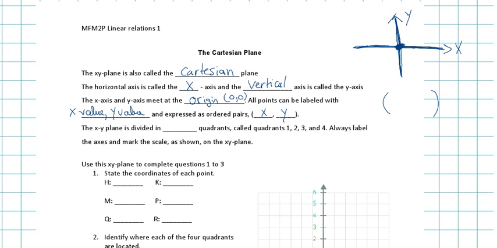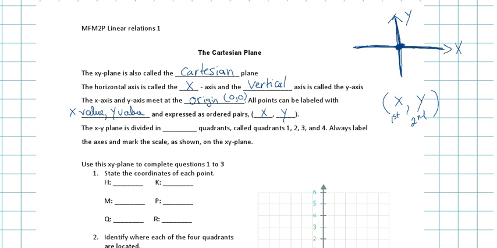You must have the x value first, you must have a comma, and you must have the y value second. X first, y second. Alphabetical order: if you go with the alphabet, you say X, Y, Z. So x goes first, y goes second. You must have brackets around the point with a comma between the two values.